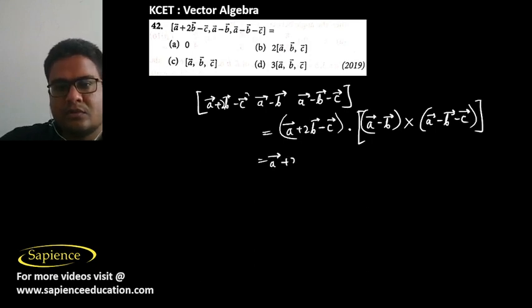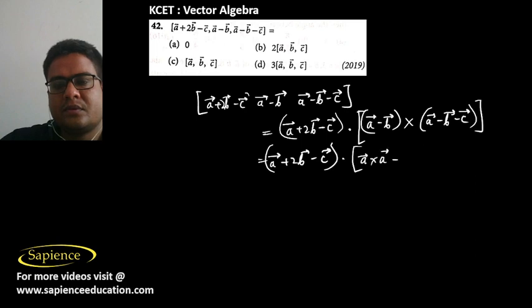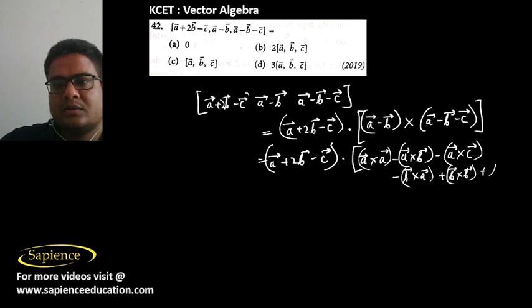So it will be a plus 2b minus c dot, a cross a, minus a cross b, minus a cross c, minus b cross a, plus b cross b, plus b cross c.